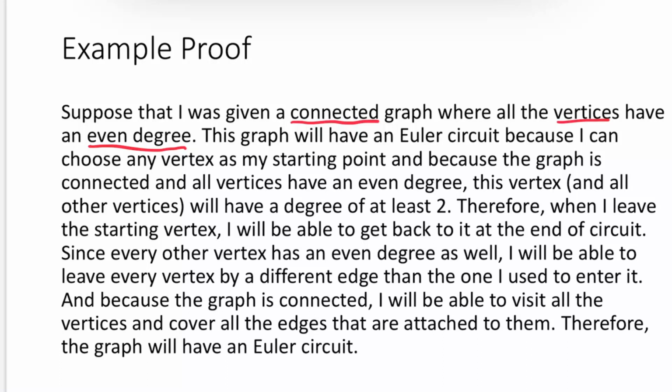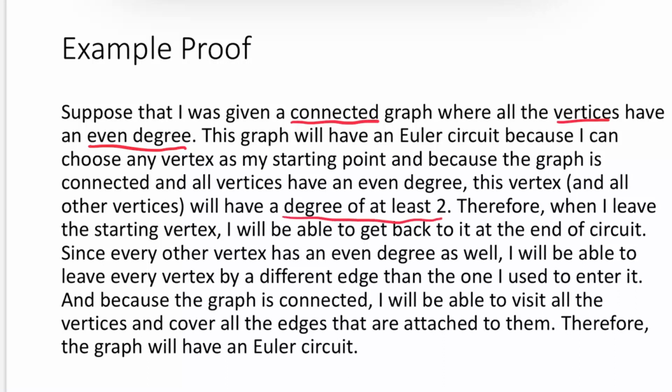So I say this graph will have an Euler circuit because I can choose any vertex as my starting point. And because the graph is connected and all vertices have an even degree, the starting vertex and all of the other vertices will have a degree of at least 2.